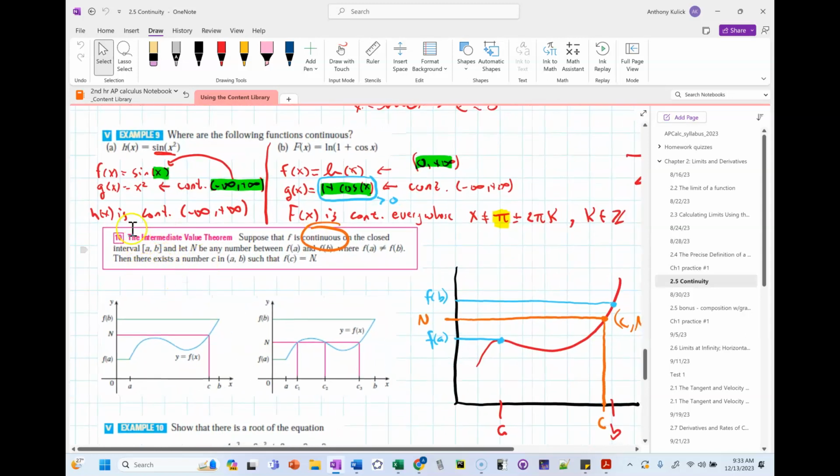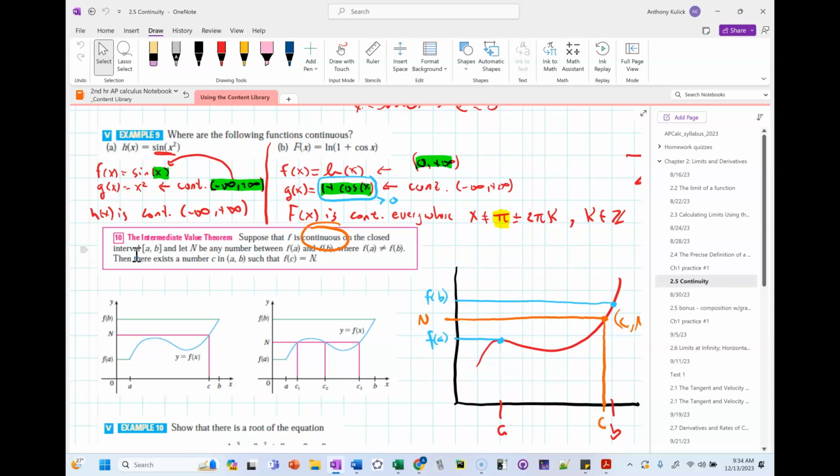Again, we're continuous on a closed interval, and we have two y values that sandwich some third y value. All the intermediate value theorem says is that if that's the case, then there has to be some other x on that closed interval where we can get that y value in between them. So again, that needs a closed interval as well.